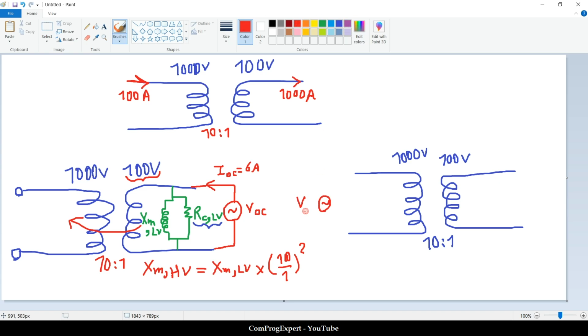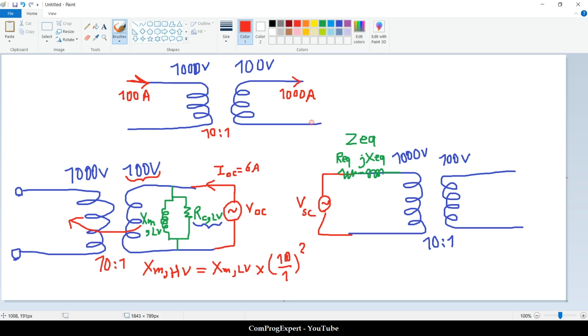This is the voltage of the short circuit. The aim is to calculate the equivalent resistance and the leakage reactance. This is R equivalent, and this is X equivalent, jX. So yes, this is Z equivalent, the internal impedance of the transformer.